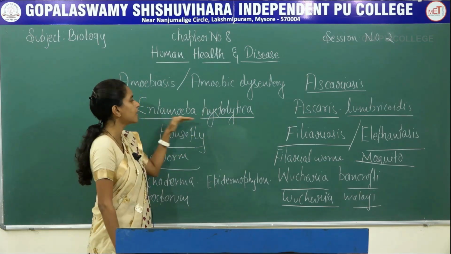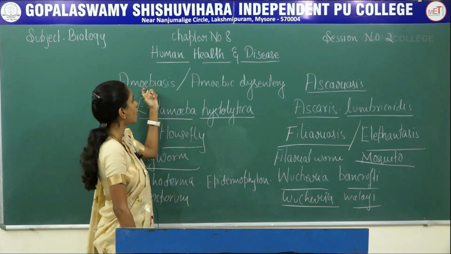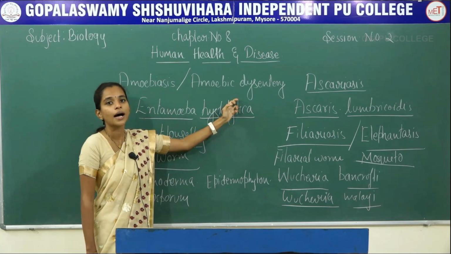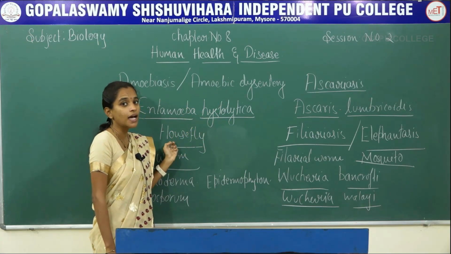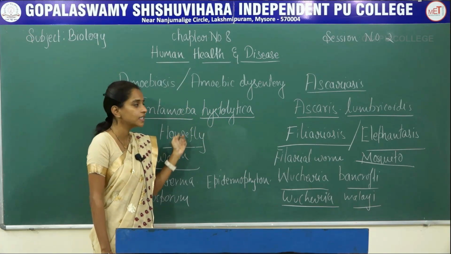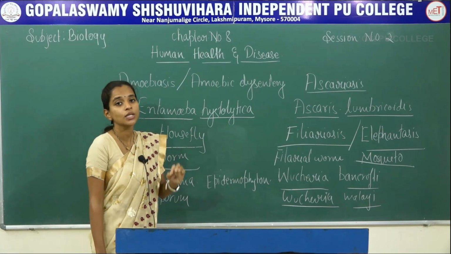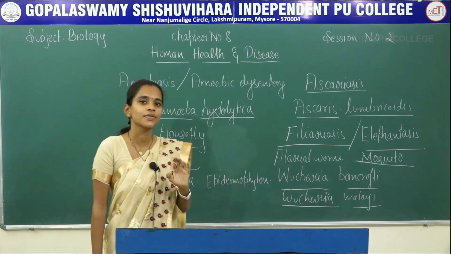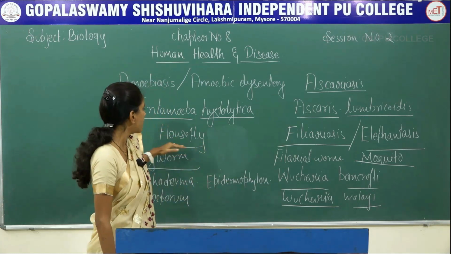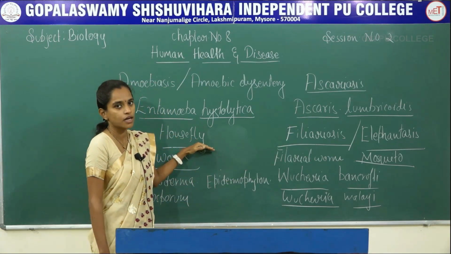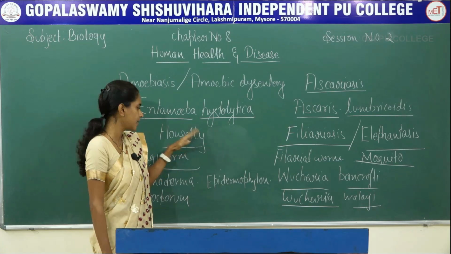So this Entamoeba histolytica is the one which causes amoebiosis or amoebic dysentery. Here the vector will be housefly, which transfers this protozoan into water as well as food. That means it contaminates the food or water by transferring. The housefly acts as a vector here.